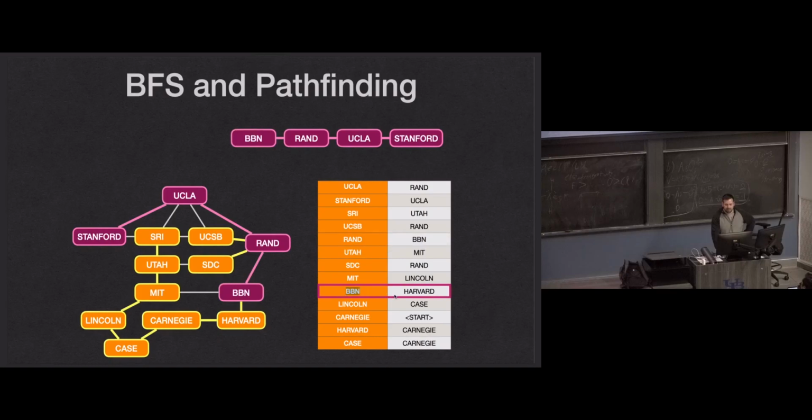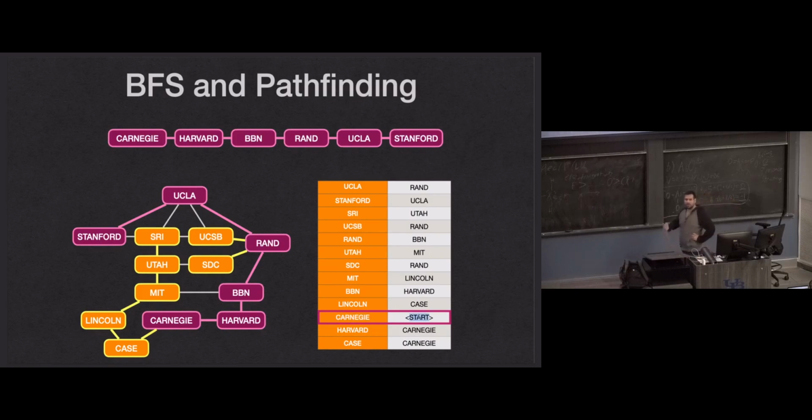I got to BBN through Harvard, prepend Harvard. I got to Harvard from Carnegie. And Carnegie, how did I get to Carnegie? It was the start node. So this is where I'd have my check: if the previous node is -1, that's my start node, and that's where I end. Now I have the path.